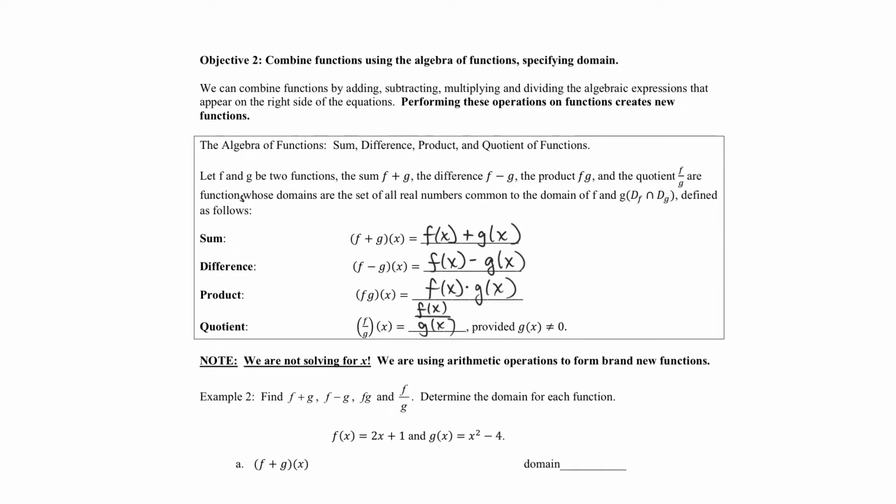And of course, we have to take into account that g of x is not going to be allowed to be equal to 0. And I have here bolded, underlined, and not italicized, but capitalized: Note, we are not solving for x. We are using arithmetic operations to form brand new functions.